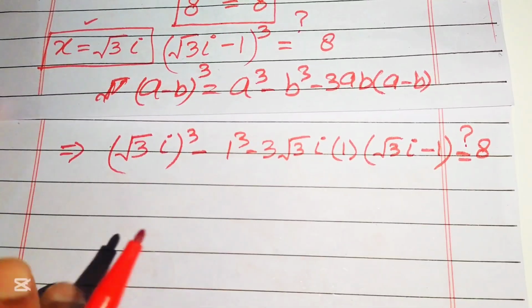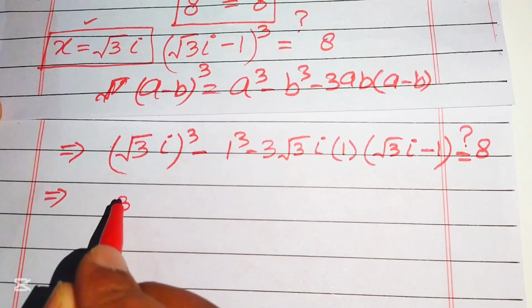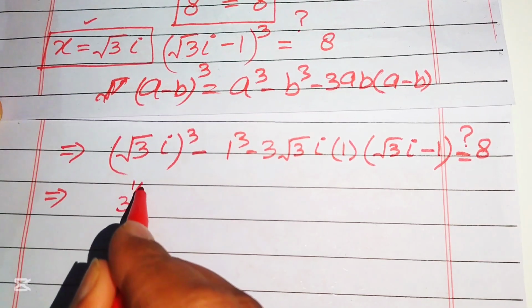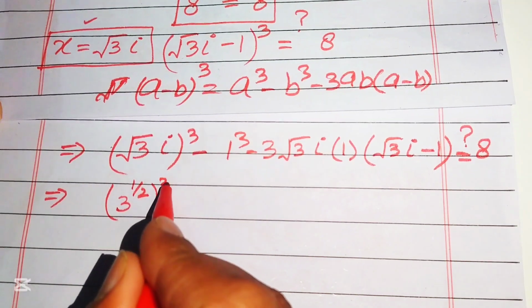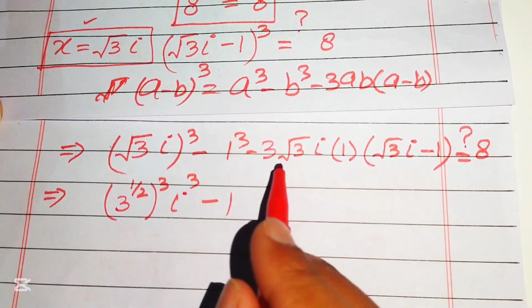Here we need more simplifications, and now we can write this expression as 3^(1/2) whole cubed, and we write this i³, and 1³ = 1.